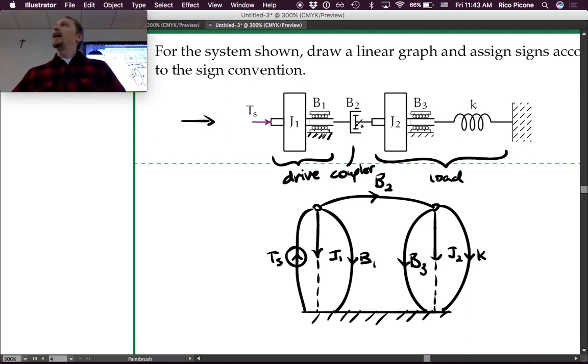This drag cup that couples these transmits torque in proportion to the angular velocity difference across it, right? So let's say that J2 started off with no angular velocity, and we started to spin up this side over here. Well, this other side is going to respond, right?